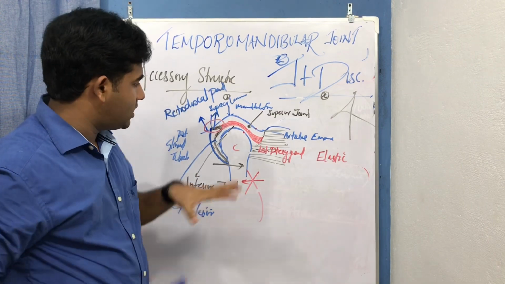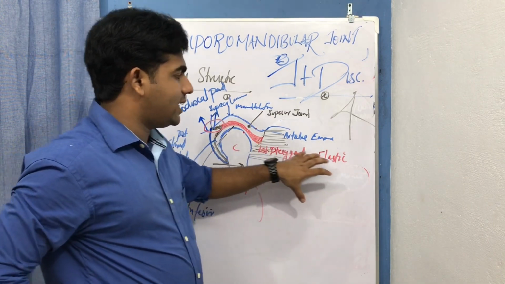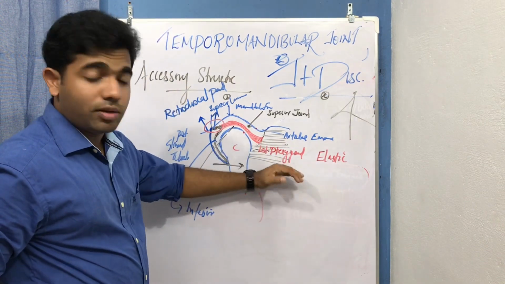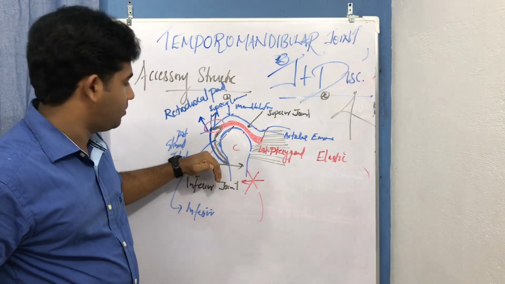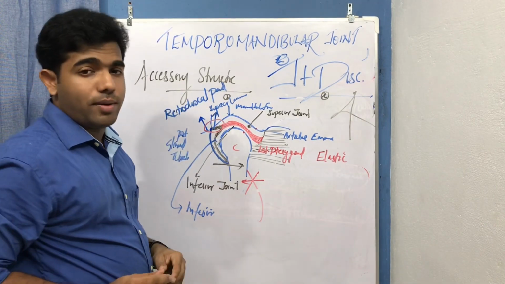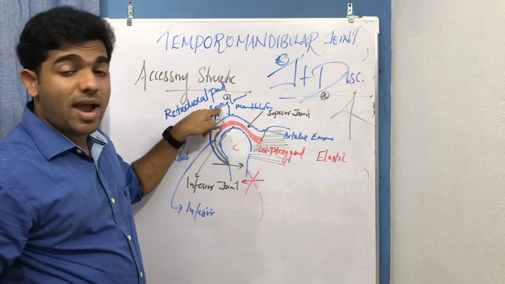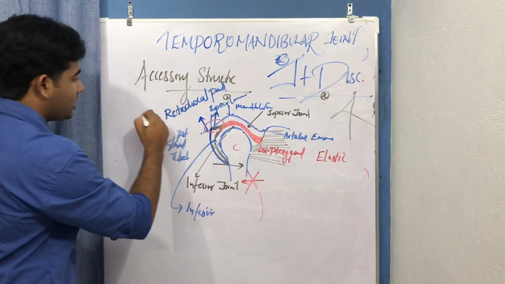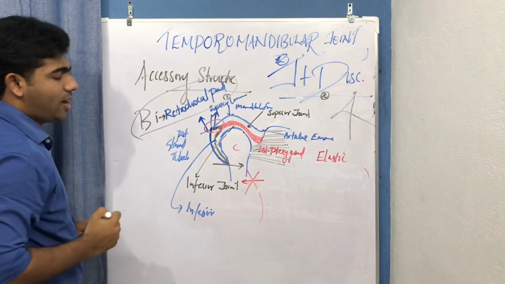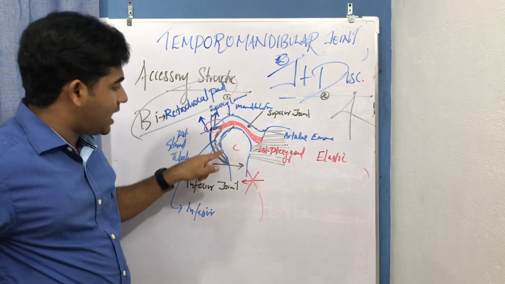So let us summarize it. The disc is anteriorly attached to the lateral pterygoid muscle. The anterior attachment of the disc prevents the posterior translation. The disc is posteriorly attached to the retrodiscal fat pad, and it has two laminae, so it is bilaminar. That is the superior lamina and the inferior lamina.